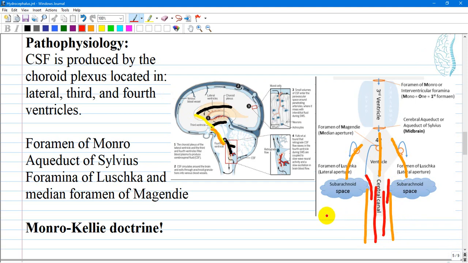The main sites of cerebrospinal fluid absorption are arachnoid granulations that project into the dural venous sinuses, especially the superior sagittal sinus.